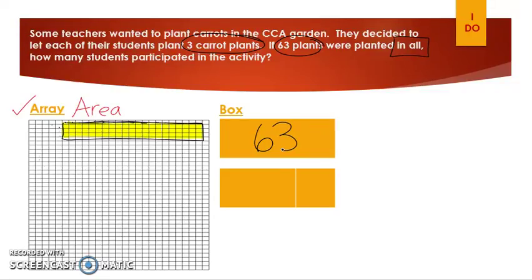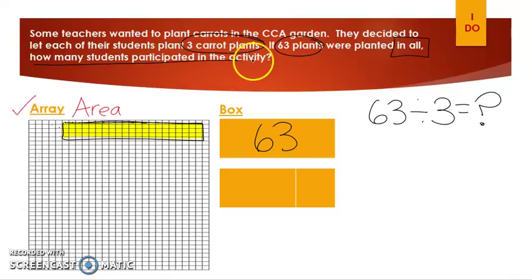But let's see if we can set up this problem. 63 divided by 3 carrot plants, because each student has 3, and we're trying to figure out how many students participated in the activity. 63 divided by 3.